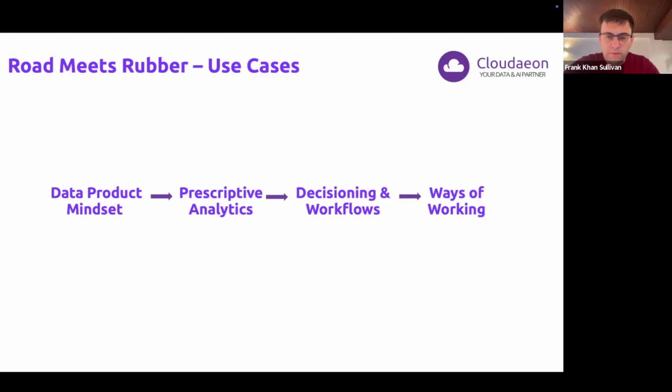To both of you, but starting with Dan, we've talked about the change in mindset and the culture. So how do I start with the outcome, start with the why, think about the design and how we get to value? That's the product design skills, the product management capabilities, the data product mindset. We've talked about prescriptive analytics and the importance of being able to trust what things spit out.